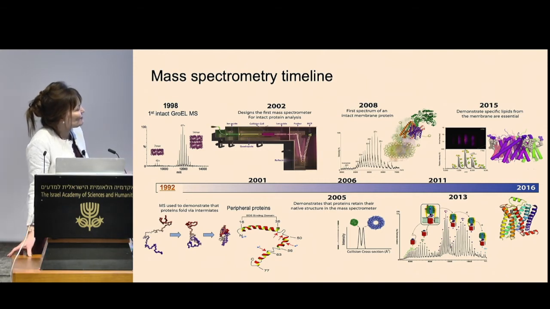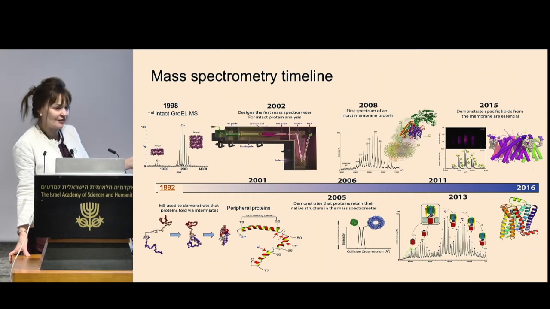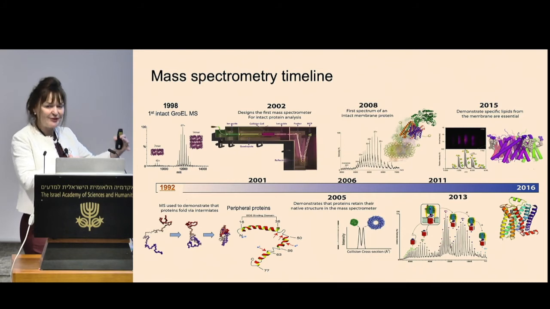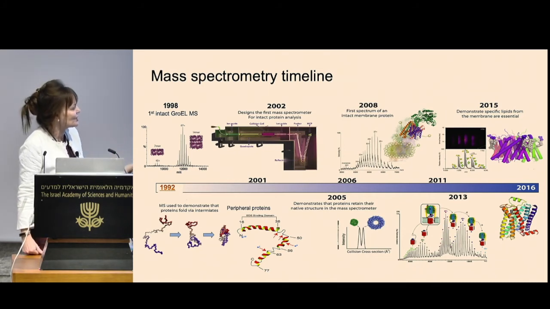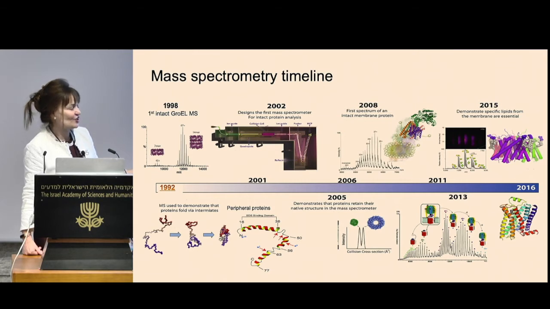Collision cross-section was important along the way. Identifying, I didn't talk about this story today, but identifying lipids that stabilize a complex by using unfolding. So rather like guanidinium unfolding, collision cross-section unfolding to tell you which lipids are important for stability. ATPases, and actually right at the end is GPCRs.